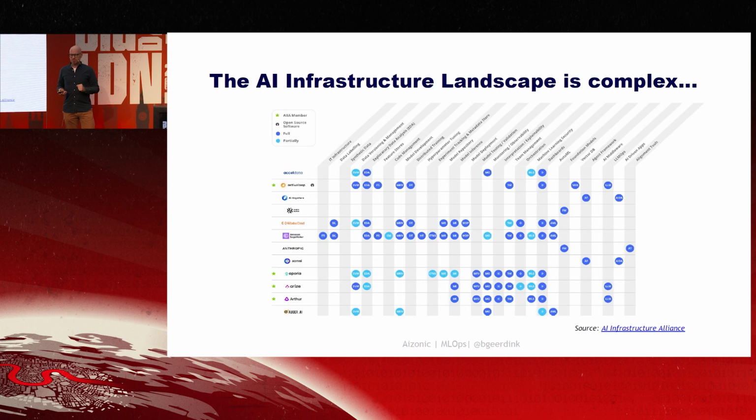And well, look around you here, right? In the conference, there's a huge number of vendors and open source companies and products and frameworks, etc., that help you do this. And this is a screenshot from the AI Infrastructure Alliance, an organization that tries to help you a bit with this kind of tool selection. They made a great overview of these tool sets.